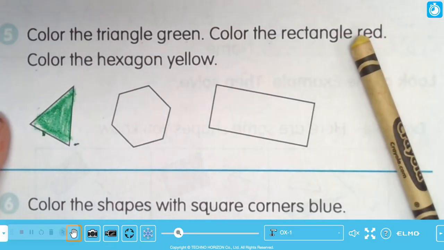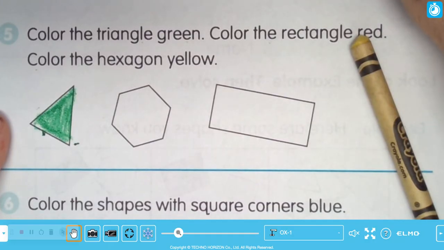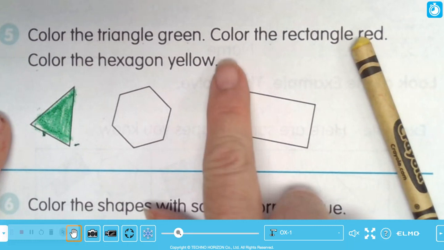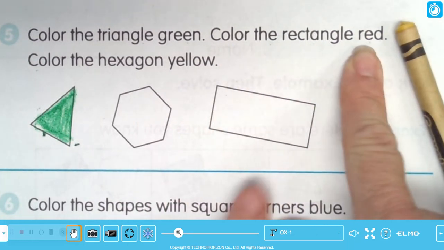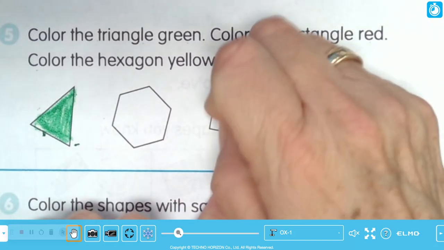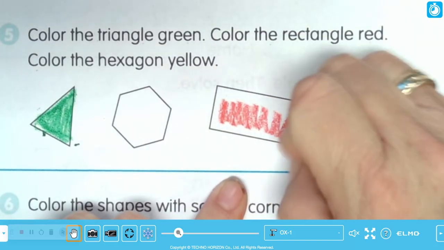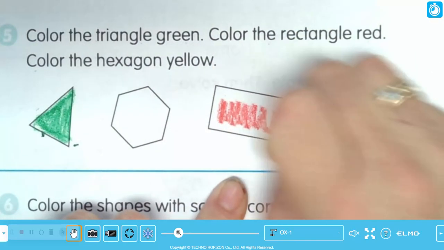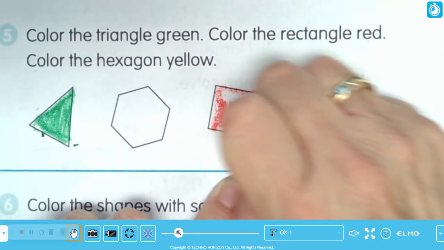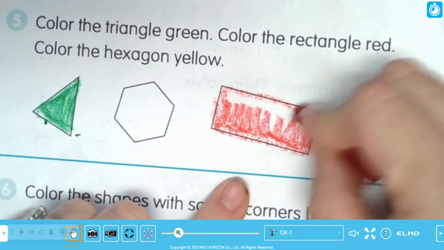Okay, there it is. And then it says, color the rectangle red. So this is the rectangle because it's got 4 sides, so I'm going to color it red. Now it doesn't have to be pretty, but usually I like to trace it around and color the inside.